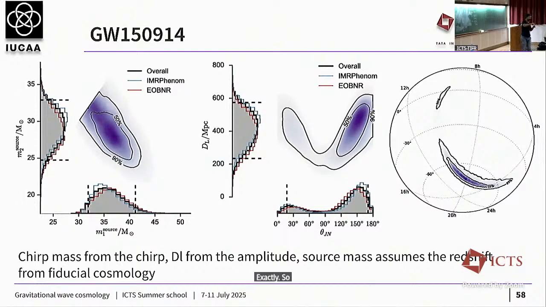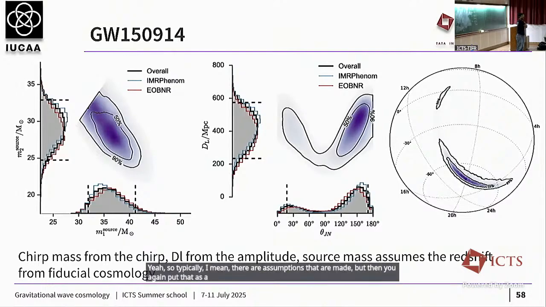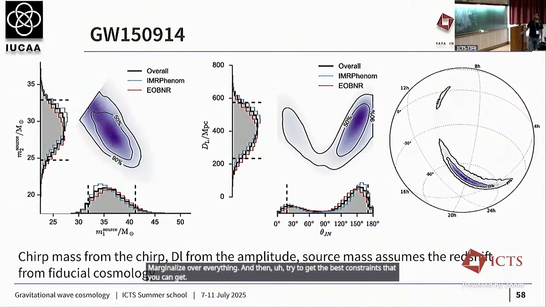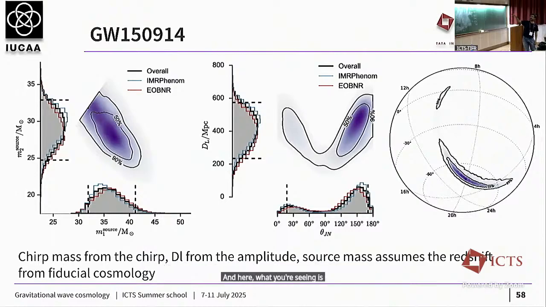So the more details of the waveform that you can measure, the better. Yeah, so typically there are assumptions that are made, but then you again put that as a free parameter, marginalize over everything, and then try to get the best constraints that you can get. And here what you're seeing is the degeneracy between the distance and the inclination angle. And so you do see, again, these kinds of degeneracies pop out, okay? The ones that we had talked about.